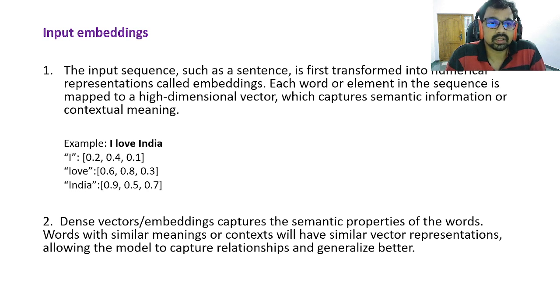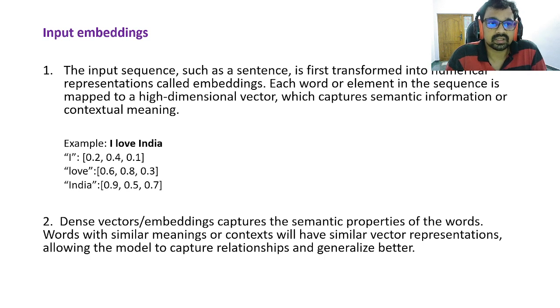For example, I love India. Each word or token is mapped to a vector, which is what you see in the numbers 0.2, 0.4, 0.1. These numbers will be given to our model because machines can understand only numbers, not text.